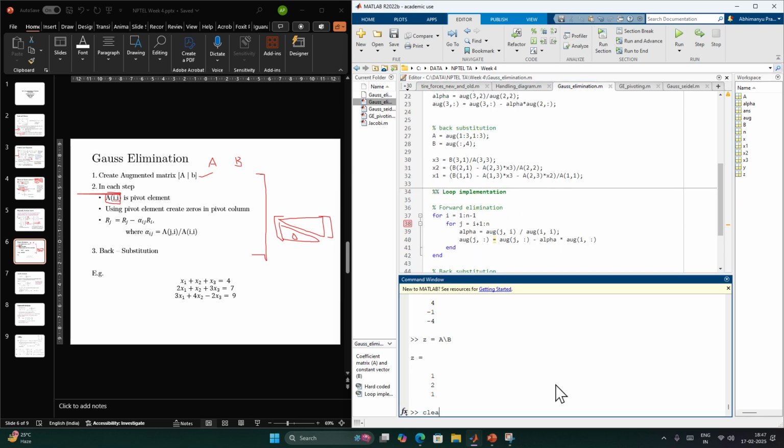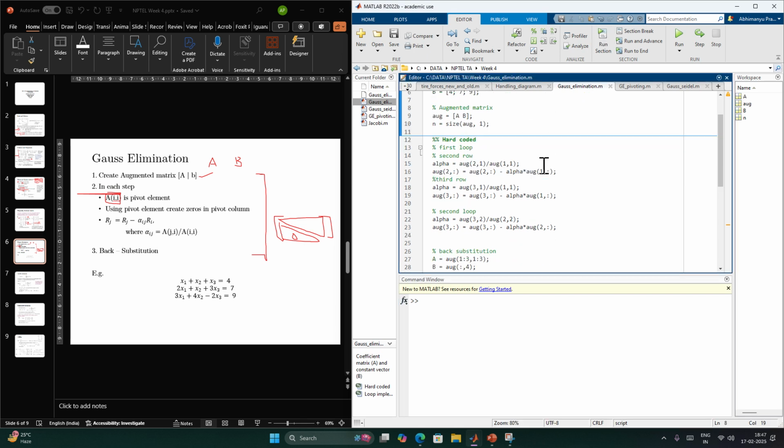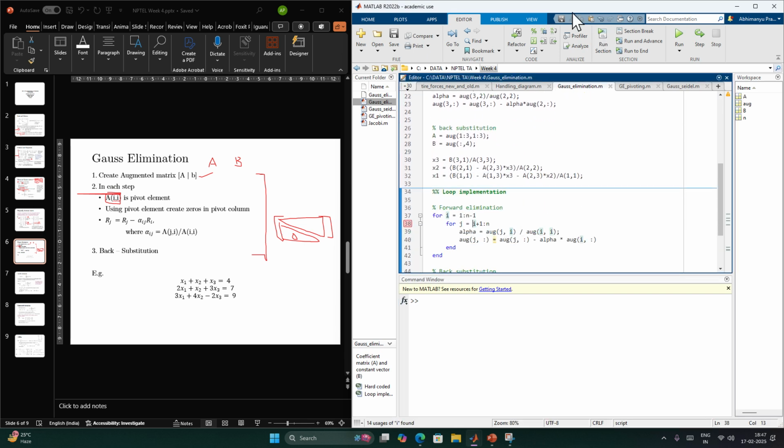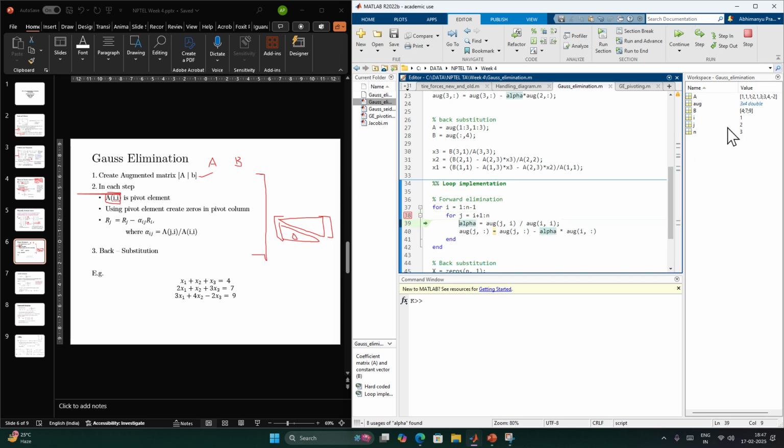Let me clear the workspace. So I got my A, B and augmented matrix. Next I will run this part. Right now my i is 1, my n is 3. Go to the next step. My j is 2, because j begins from i plus 1.